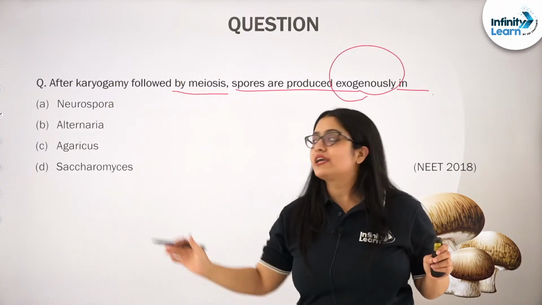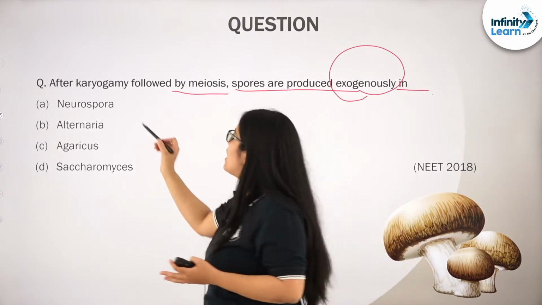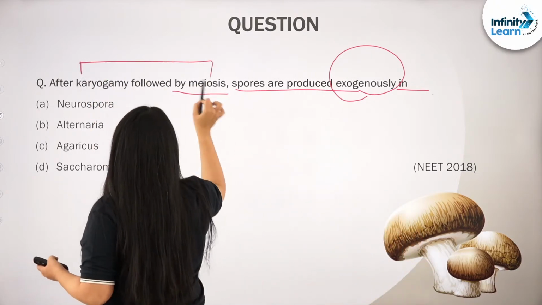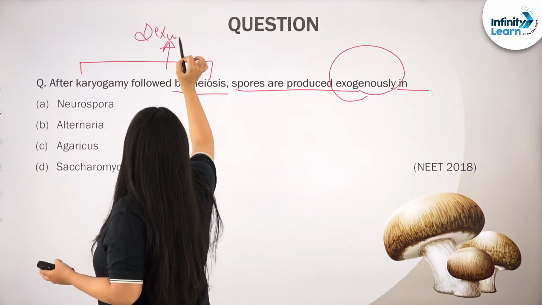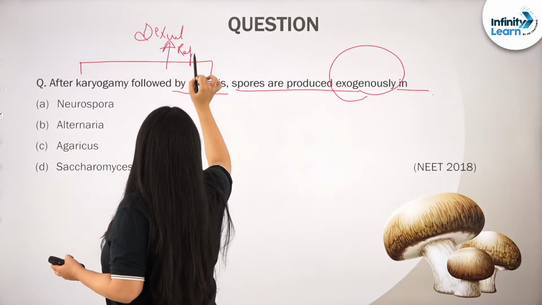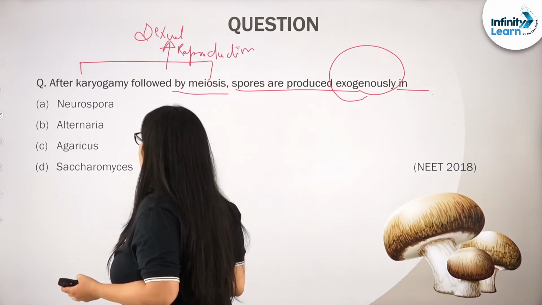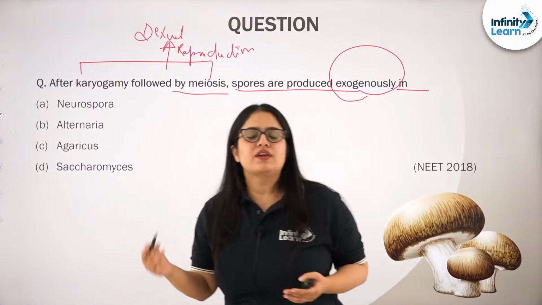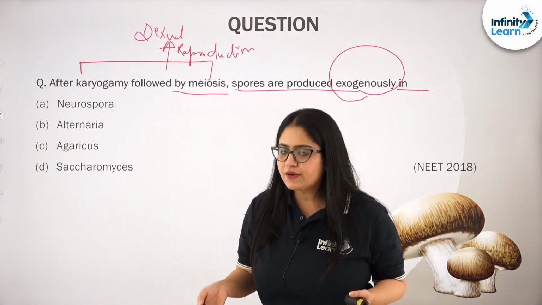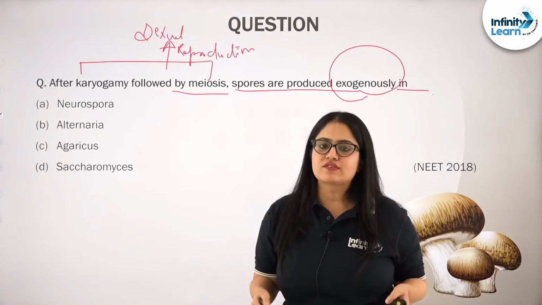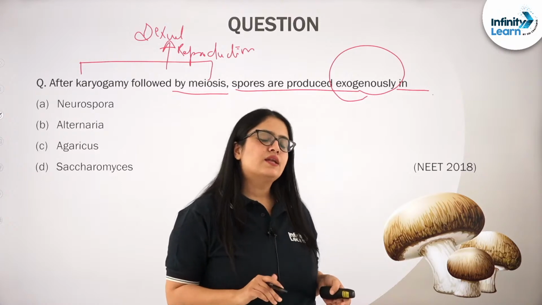This part gives you indication that this question is related to sexual reproduction, because in sexual reproduction of fungi, there is plasmogamy, karyogamy, right? Protoplasm fuses. Plasmogamy, karyogamy, meiosis, all these steps are with respect to the sexual reproduction seen in members of fungi.